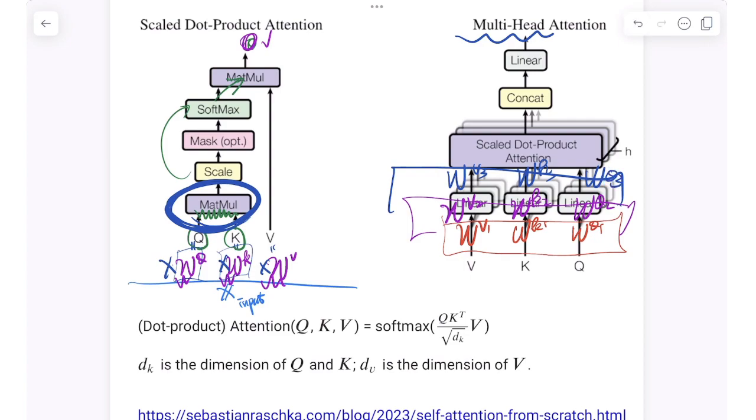That means we have different sets of Q, K, V to perform self-attention.